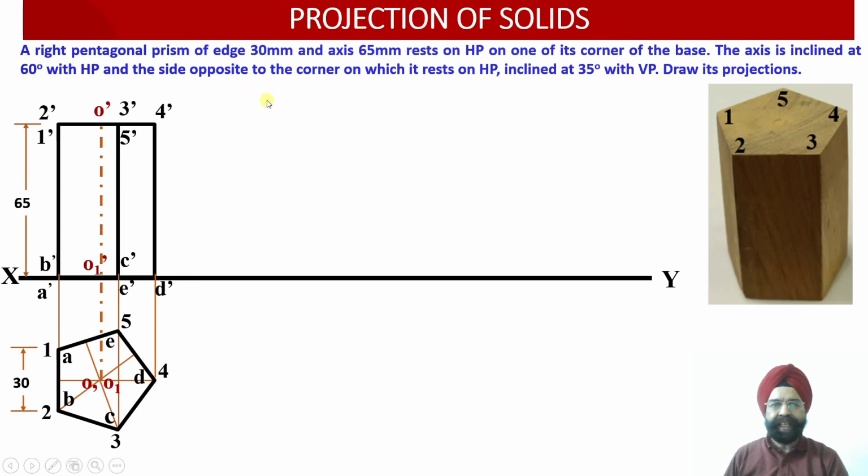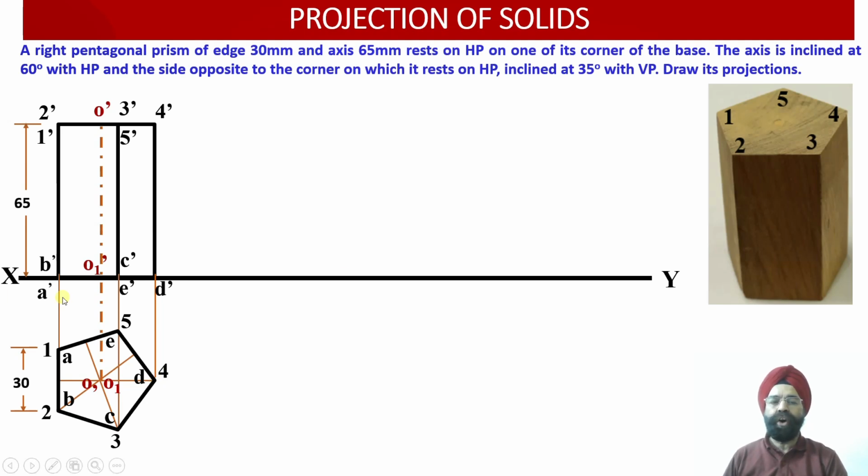So as we rotate or as we tilt this pentagonal prism with respect to horizontal plane in such a way that the axis will be inclined at an angle of 60 degree with respect to horizontal plane, or the base of this prism will be inclined at an angle of 30 degree with respect to the horizontal plane, then this prism will be resting on one of its corners. So this will be the corner D dash over here.